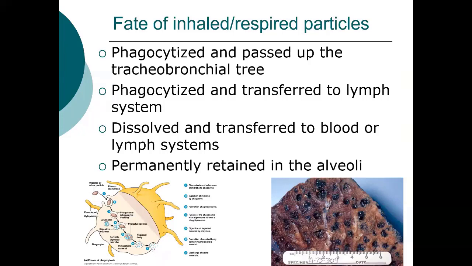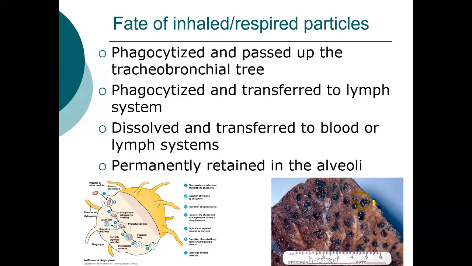What you see on the right is an image from a lung of a person that had black lung disease. What you actually see, these black deposits are actually alveoli sacs that have been destroyed.